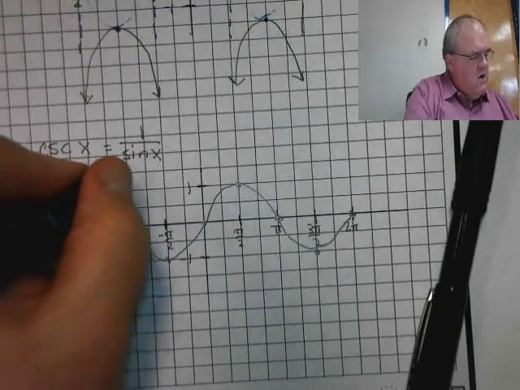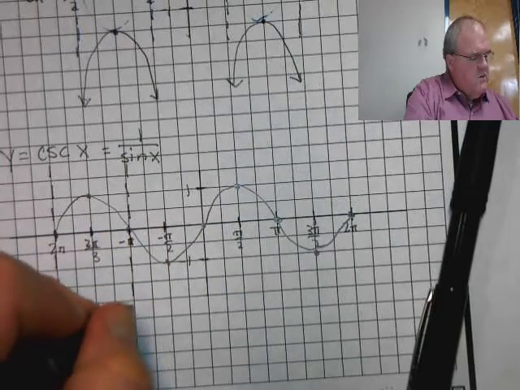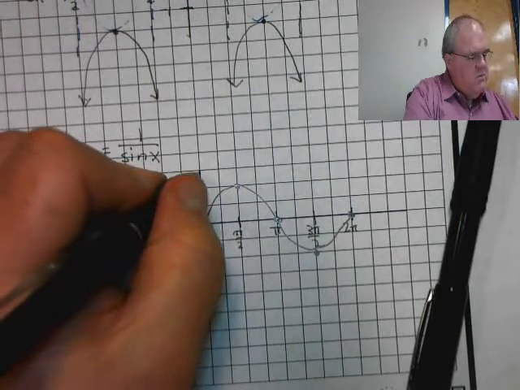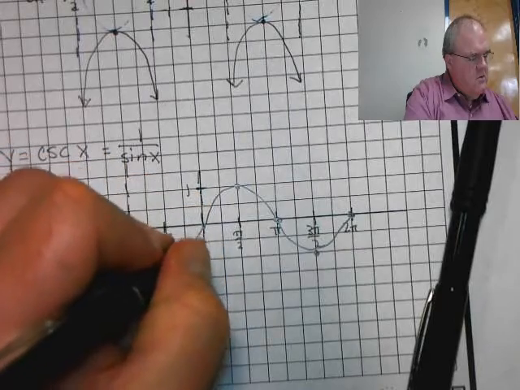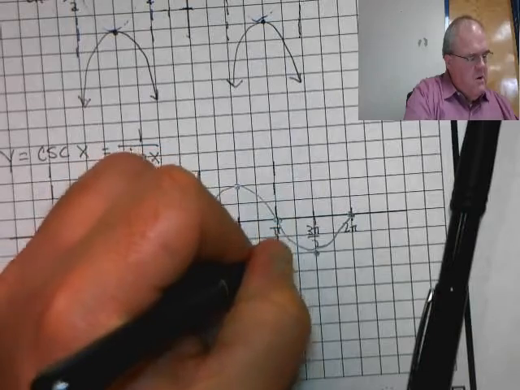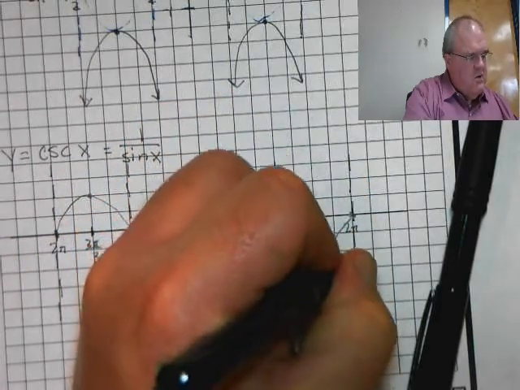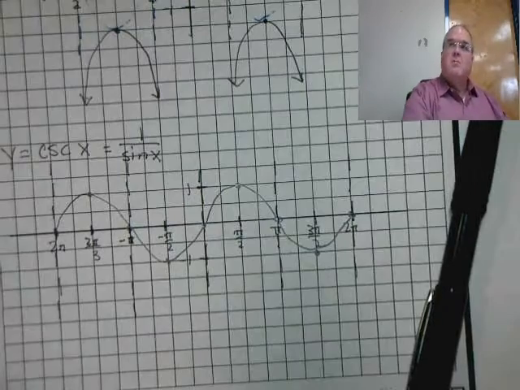So we're going to draw our asymptotes in. From Algebra 2, do you remember what an asymptote is? An asymptote is a place where you cannot have an answer to a solution, or to a problem.